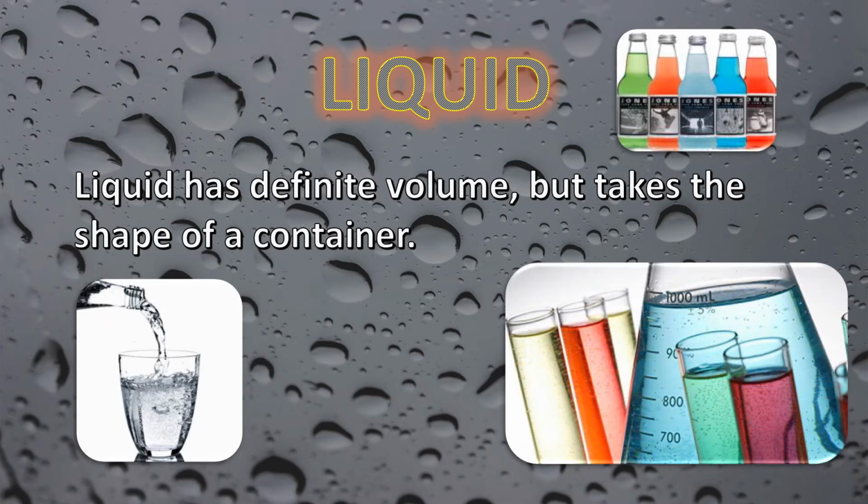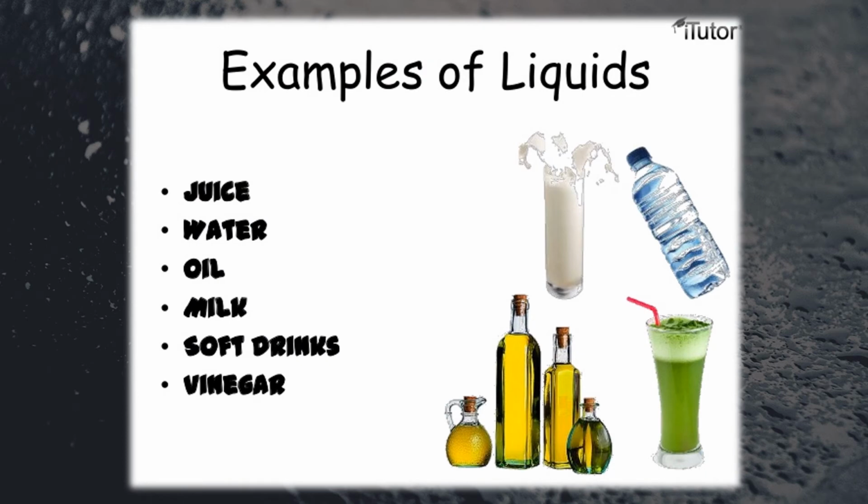Another example are these liquids, colored liquids that you can see here in this picture. So these are the liquids found inside a science laboratory which are used for experiments. Examples of liquid are juice, water, oil, milk, soft drinks, and vinegar.